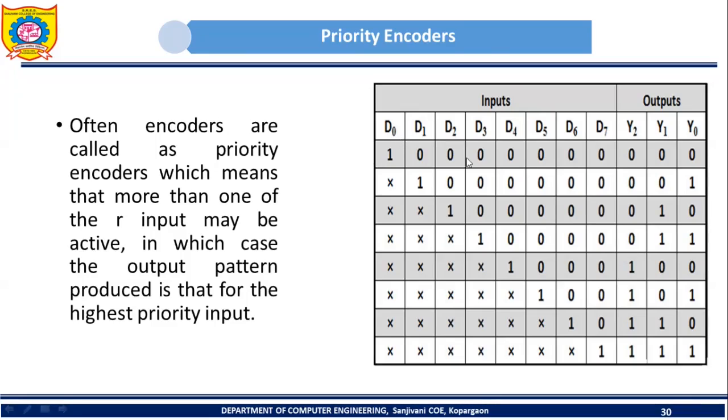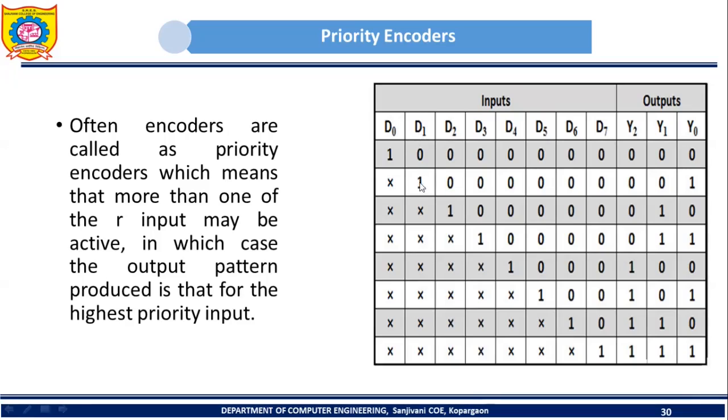Now consider the first row. In the first row, only D0 is 1 and all other inputs are 0. So no problem, directly output will be 0, 0, 0. Now consider the second row. What is happening? D1 is 1. Whenever D1 is 1, I told you that D1 will have more priority than D0.